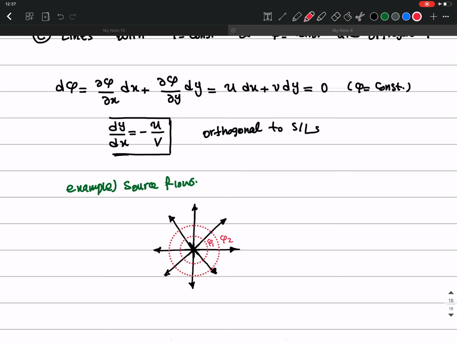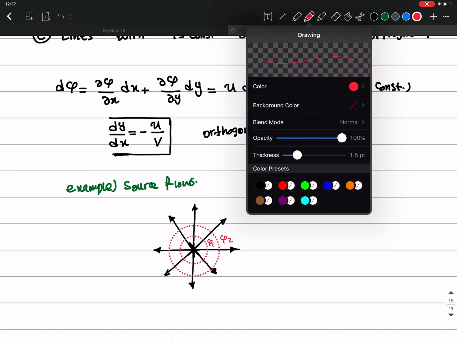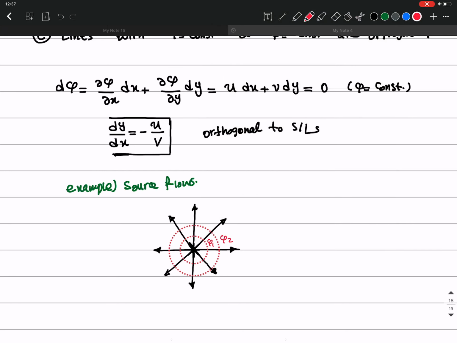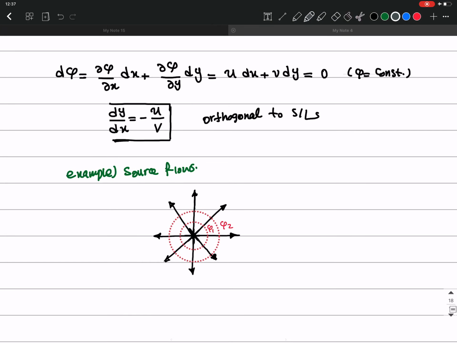And what are the streamlines here? The streamlines are just these lines. This is psi 1 and this is psi 2. And these are all just different streamlines, which are just stream functions here.